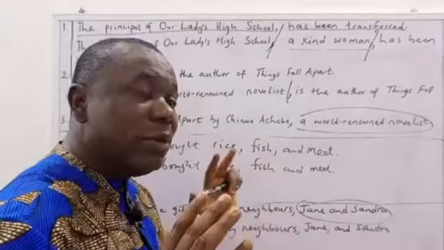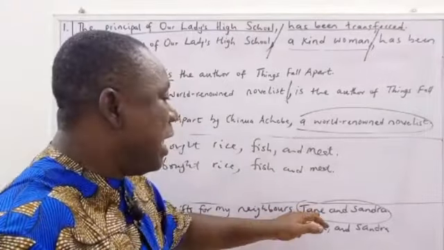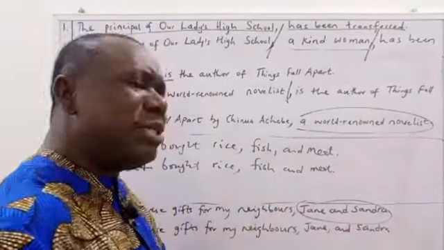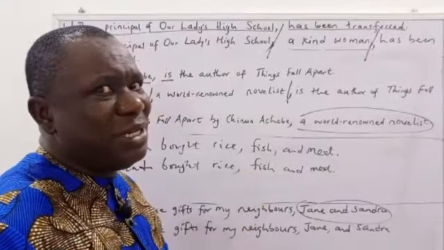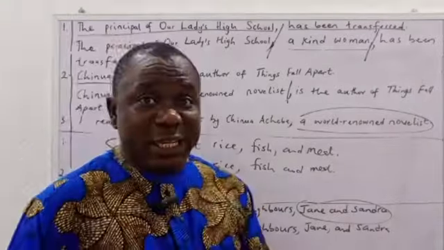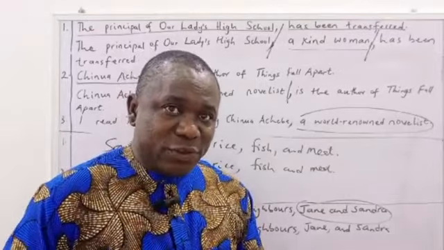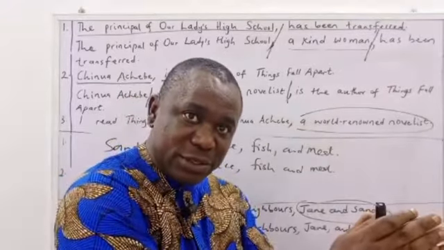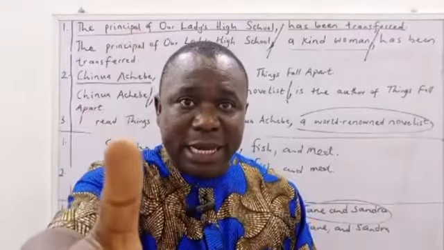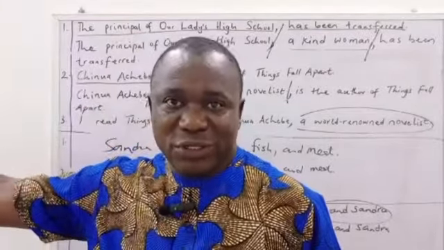Full stop. But if you continue and you add this, these are just words in apposition. Now, it is possible that that may not be the intention or the meaning of the sentence. It is possible that the gifts were bought for 3 sets of people, 3 groups. Neighbors on one hand, Jane on one hand, and Sandra on this other hand.